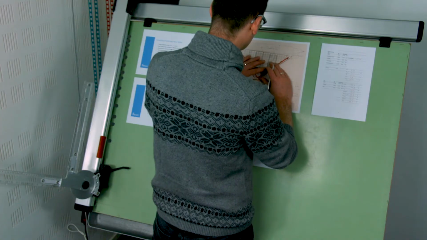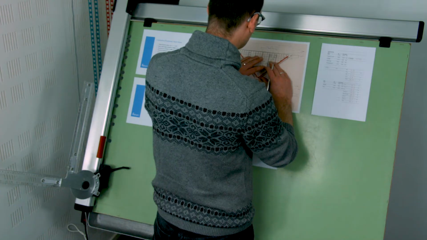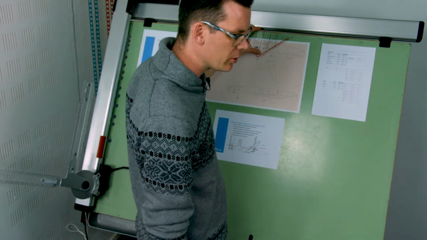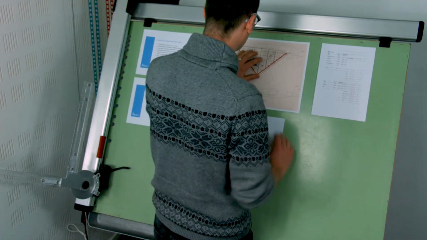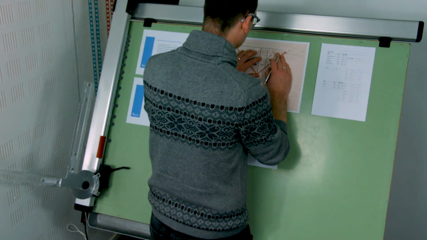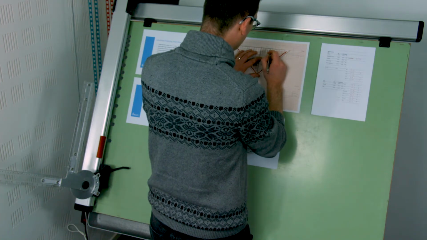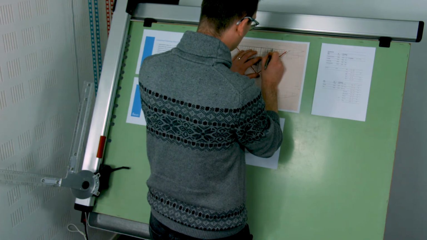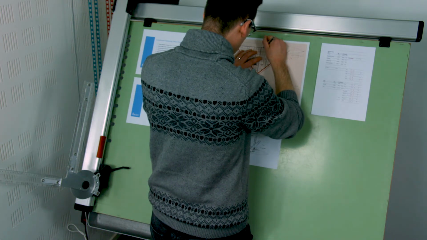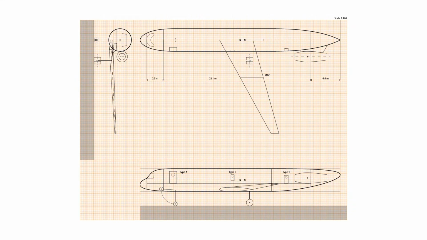So the spar location is determined by a choice again. So for example, I'm deciding to put the front spar at 15% of the chord. So 15% of 5 meters is about 75 centimeters. Same here.